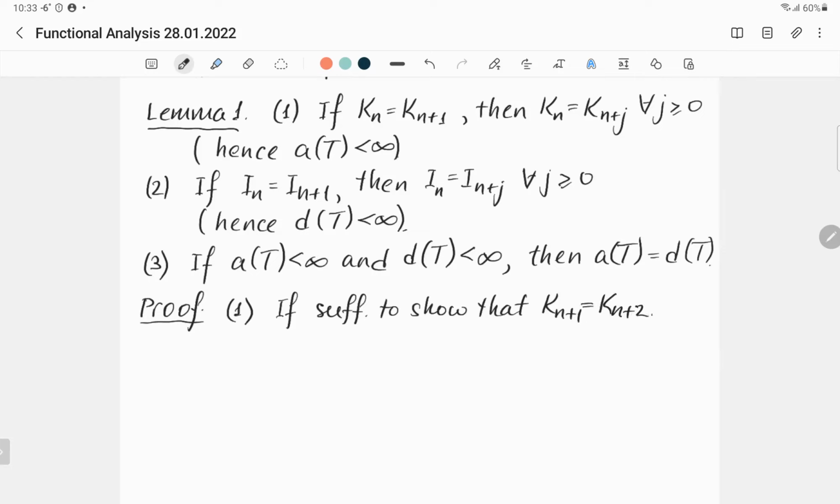Then we just use induction on n. So we assume that Kn equals Kn plus 1, and we want to show that Kn plus 1 equals Kn plus 2. So let's take a vector in Kn plus 2, say little x.